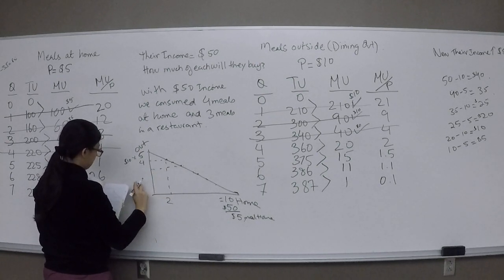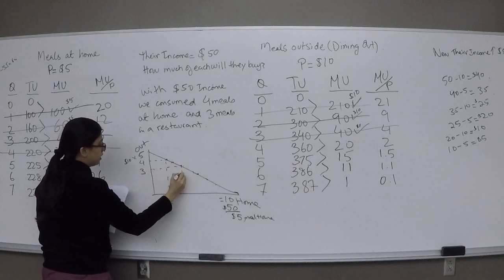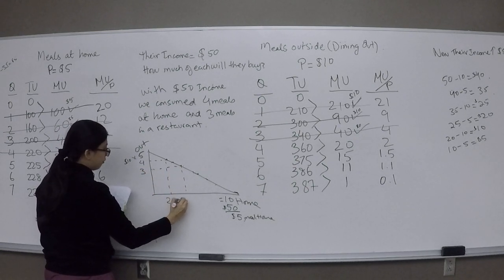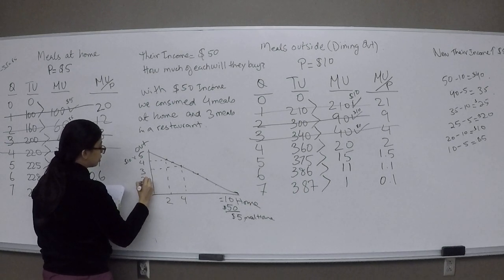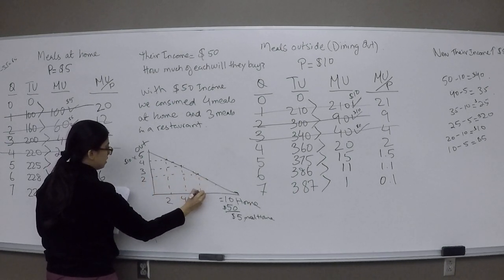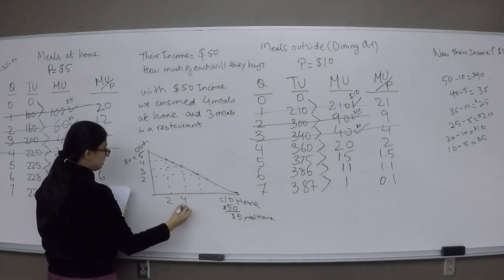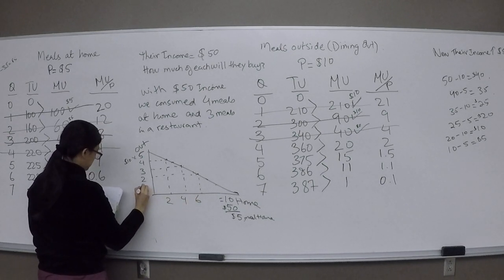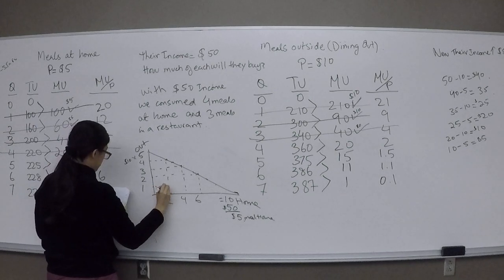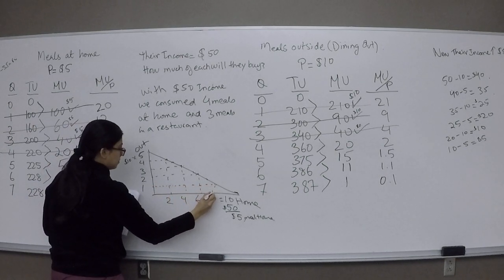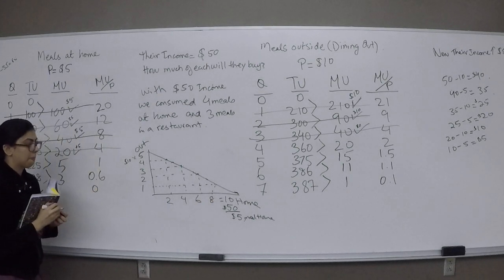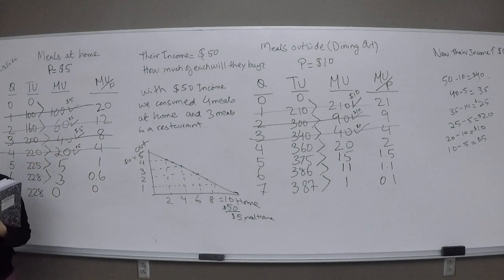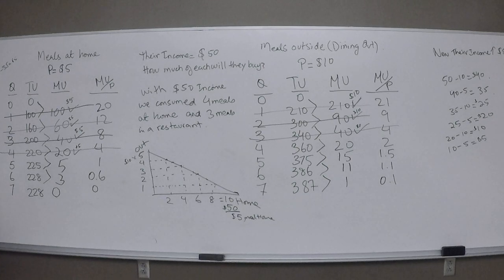If you're eating 3 meals outside, you could only eat 4 meals at home. If you're eating 2 meals outside, you can only eat 6 meals at home. If you're eating 1 meal outside, you can eat 8 meals at home. Like that.